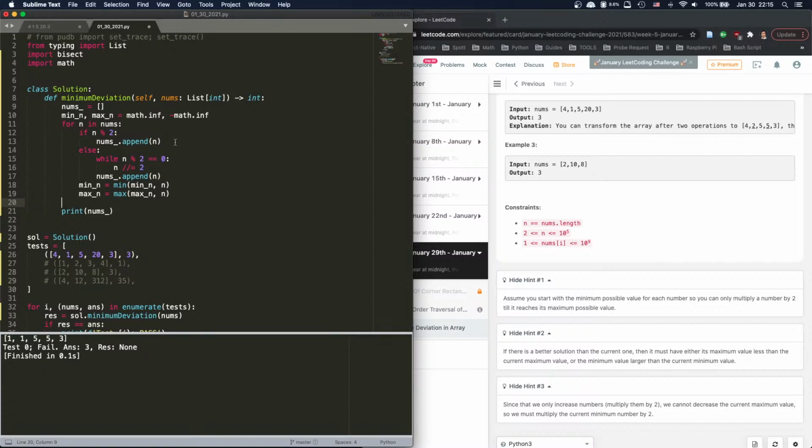And also, we do not know. So if we double it, then the mean value would change.